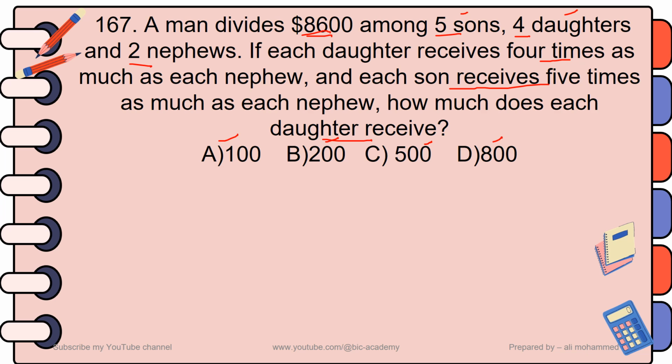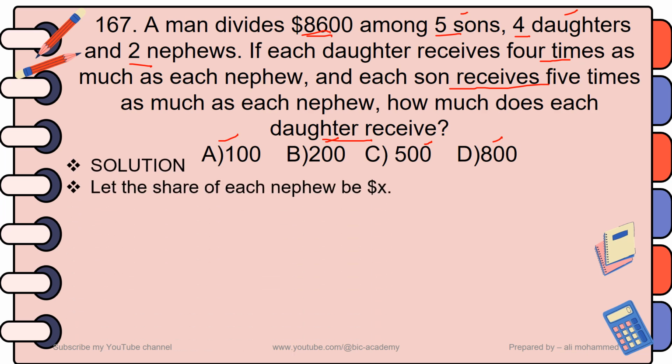To do that, first let us assume that the share of each nephew is $X. If the share of each nephew is $X, it is given that the share of each daughter is 4 times the share of each nephew.